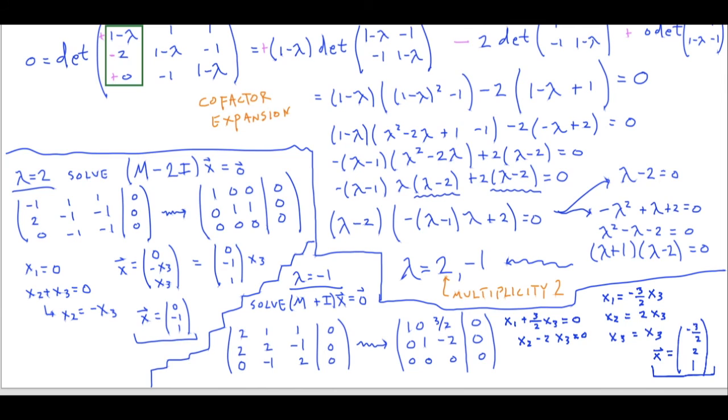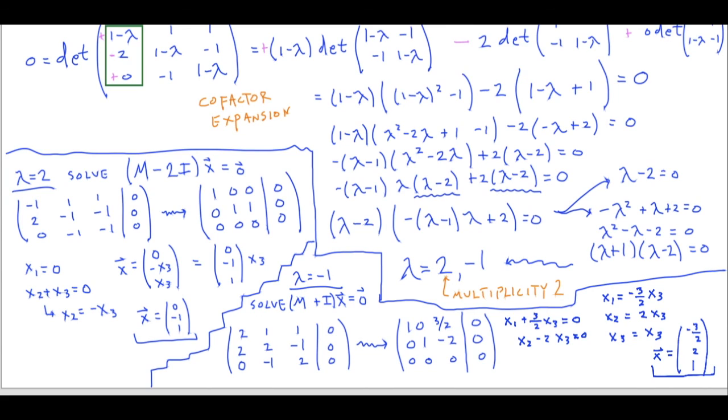Either way, I have barely squeezed in the calculations necessary to find the eigenvector associated with the eigenvalue lambda equals -1. This is kind of an interesting case because my characteristic polynomial is cubic, that is, it's to the 3rd degree, because I'm dealing with a 3 by 3 matrix, and yet I only have 2 eigenvalues, and each of those values produces essentially one distinct eigenvector.